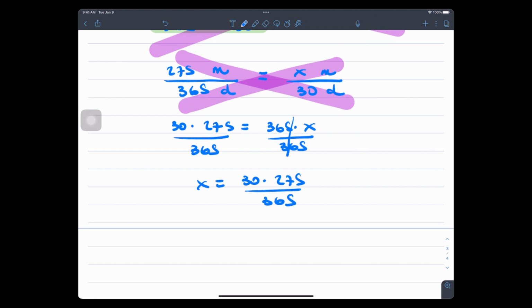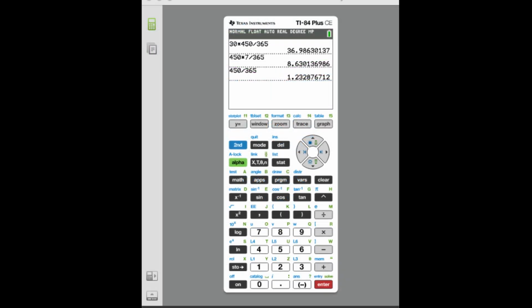I'm telling you, this is such an important tool to know how to do. It opens doors. So let's get out that TI now. 30 times 275 divided by 365.